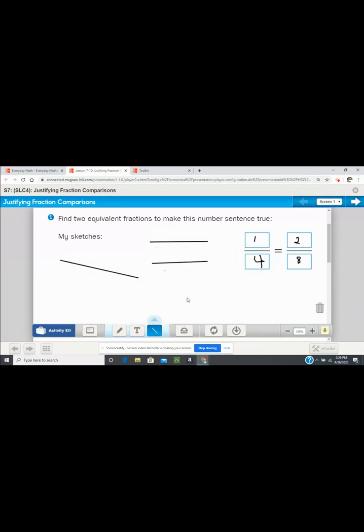We could do this on a number line as well. We take the first number and we divide it into 4 equal parts. So here's 0. There's the halfway mark. That's 2/4. There's our 4 equal sections, and we'll do it again over here.